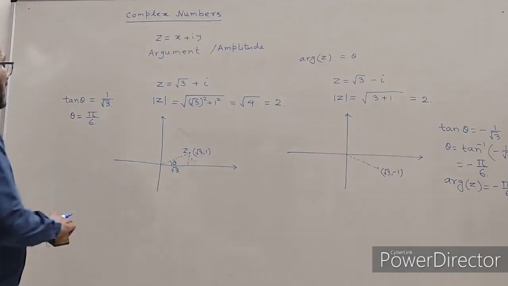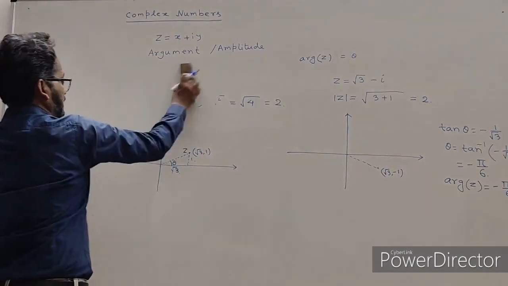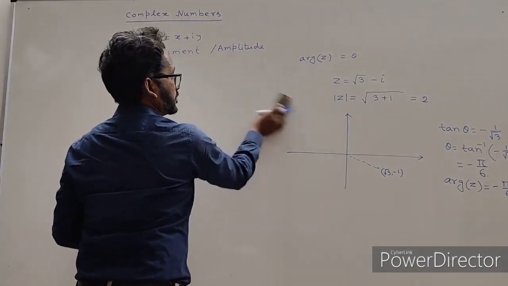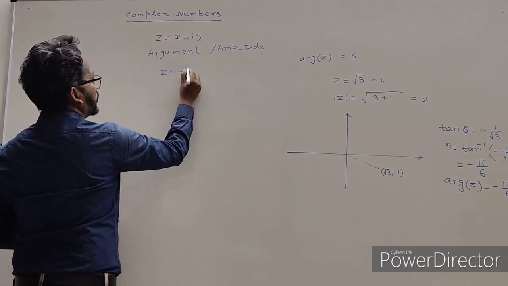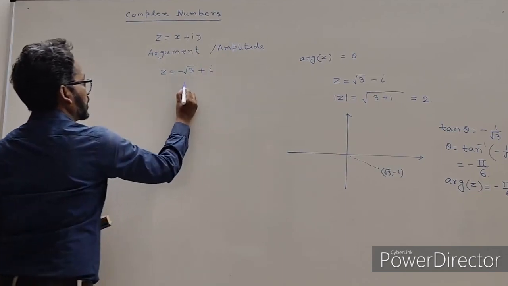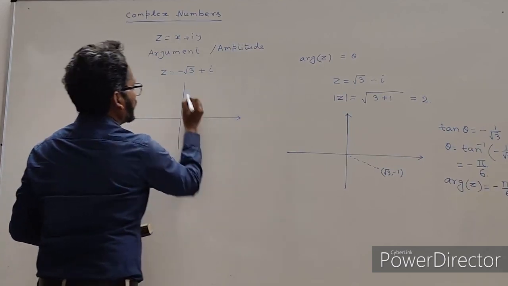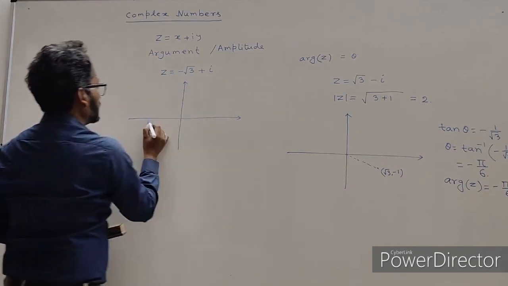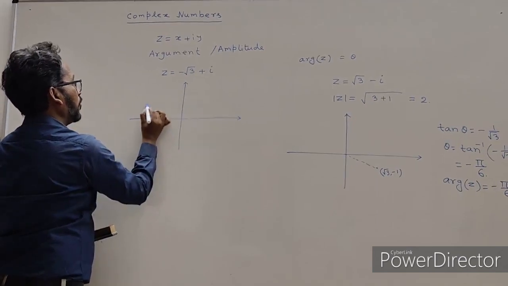Now just see if I take some other case, suppose our z is minus root 3 plus i. Now where should it lie? It should lie in the second quadrant. That should be minus root 3 comma 1.